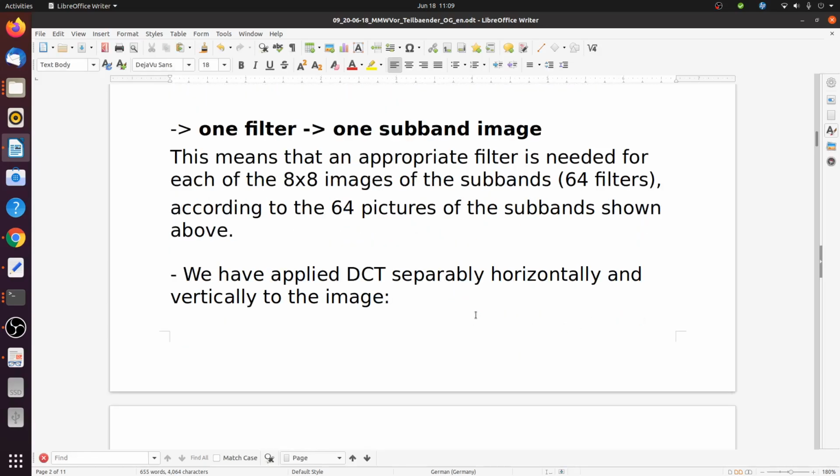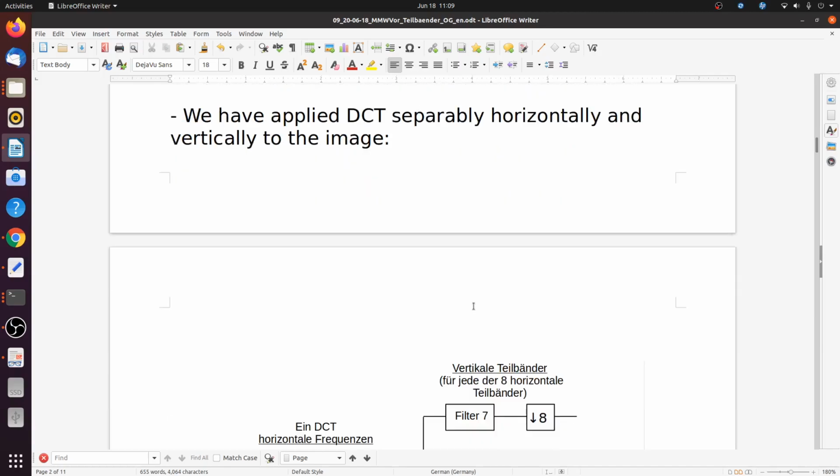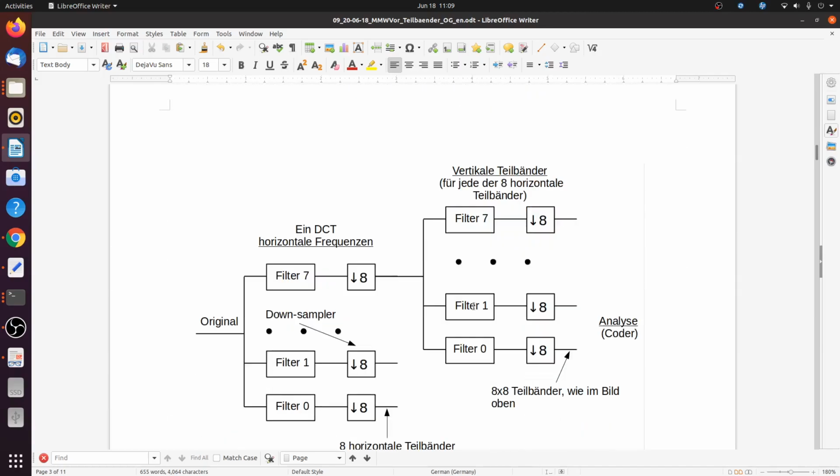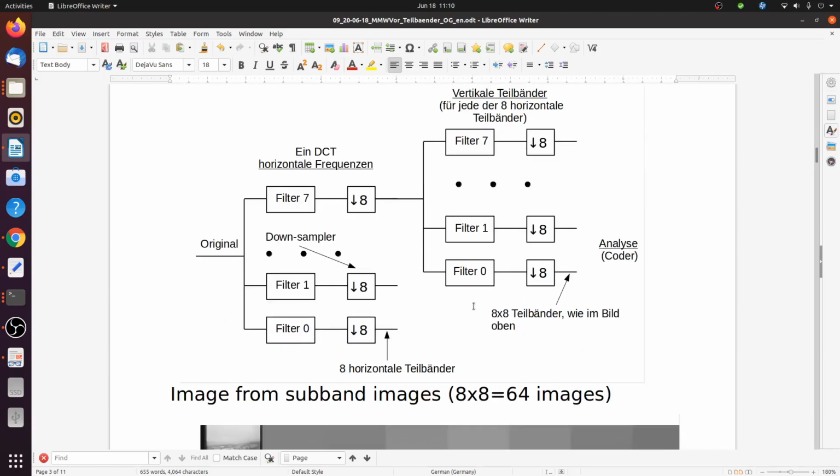So we have applied the DCT separately horizontally and vertically to the image, and this can be seen here in this block diagram. Here we have to the left our original image, and then we apply our 8 filters, first horizontally, and here we have the horizontal filters, then the downsamplers.